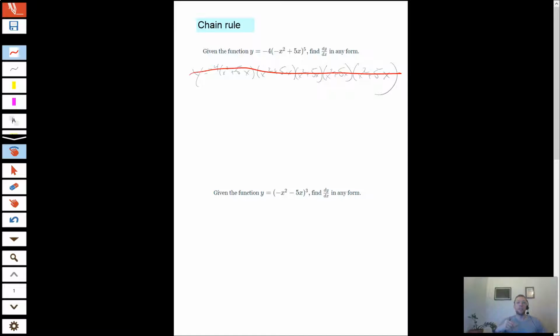The chain rule in this case is going to make our life way easier. The chain rule says that if I have y equals f of u of x, that is a composition. So f is a function, and whatever's inside it is also a function.